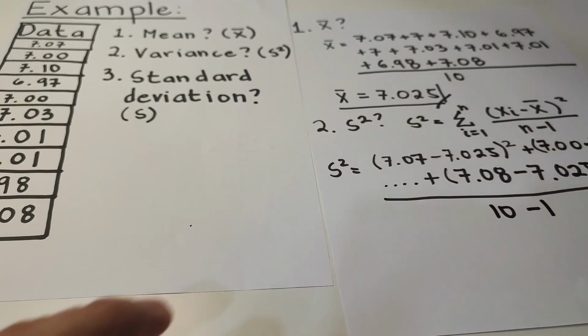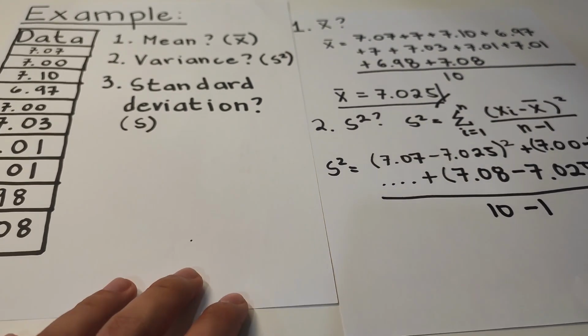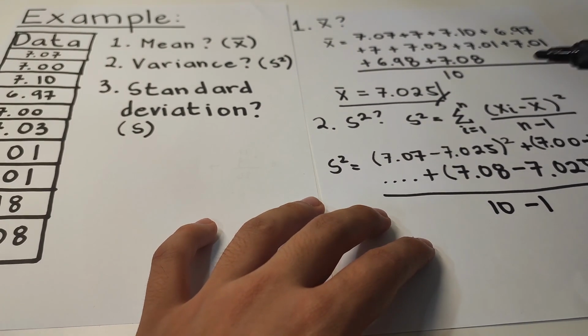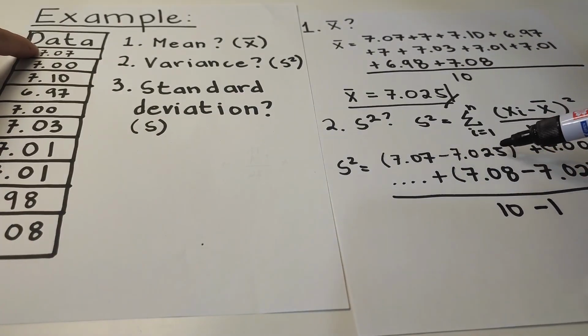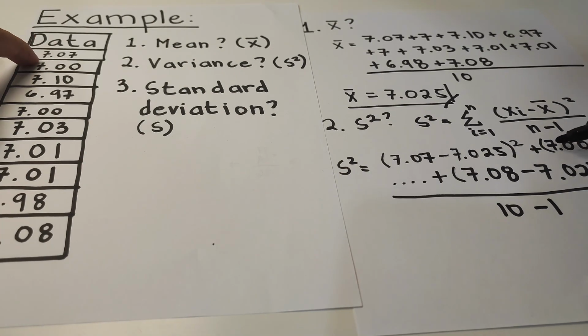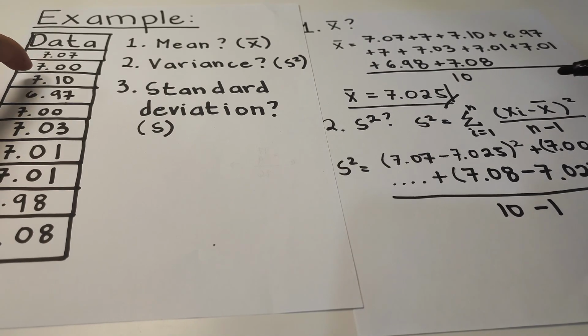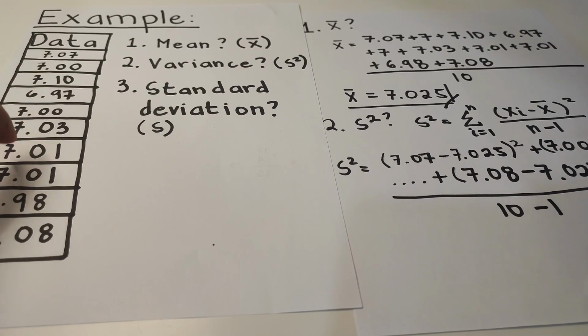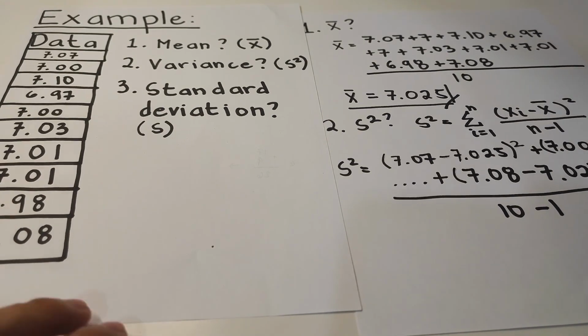Now you can grab your calculators and try to solve this. Once again, we're doing this for every value. So 7.07 minus 7.025 squared, and then 7.0 minus 7.025 squared plus 7.10 minus 7.025 squared, and so on and so forth up until the last one, which is 7.08 minus 7.025 squared.